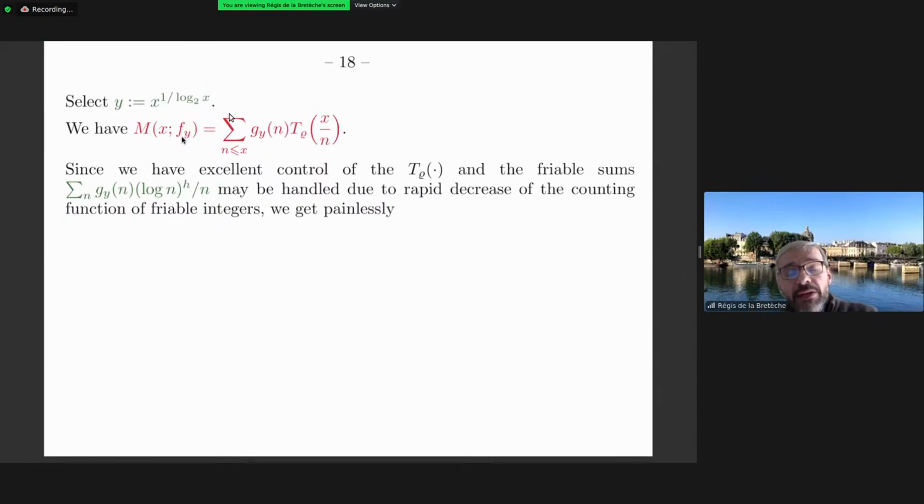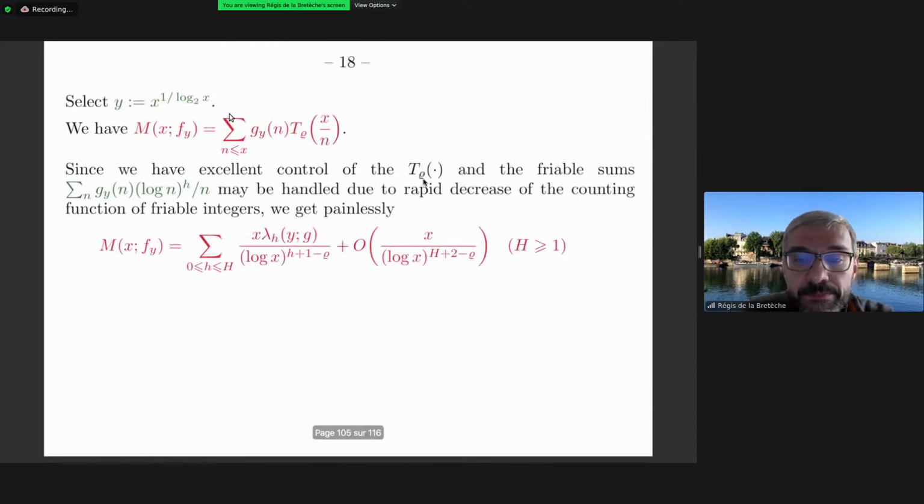Since we have a very accurate estimate of the function of rho, thanks to the Selberg-Delange method, and using the variable sum of g y, we get this result for any h.